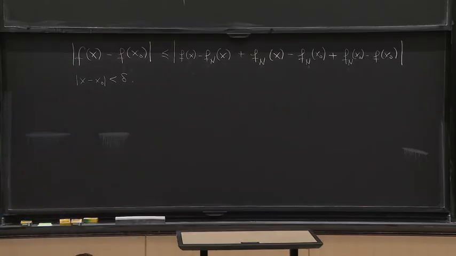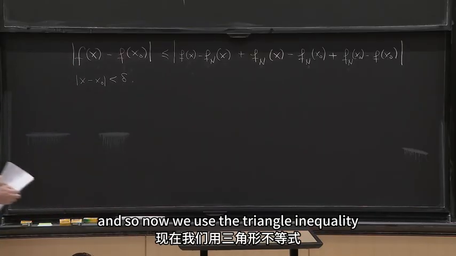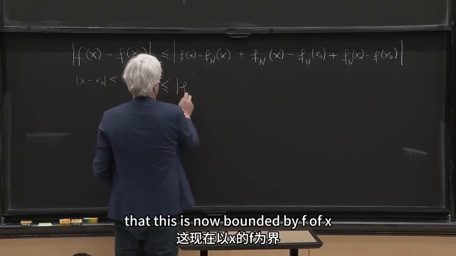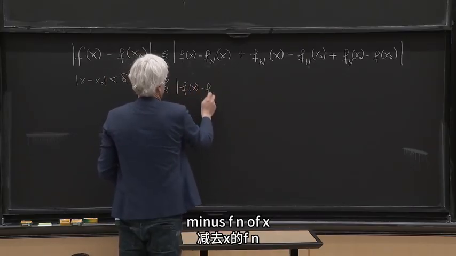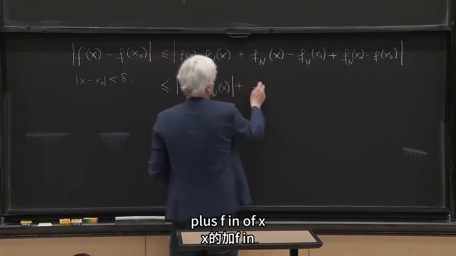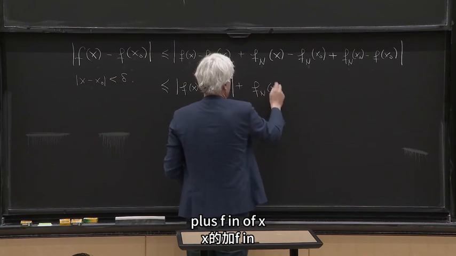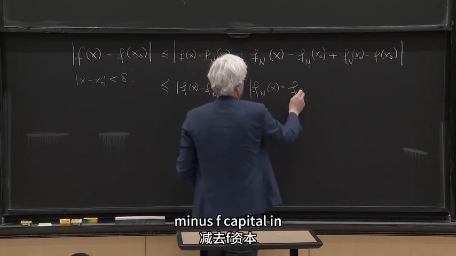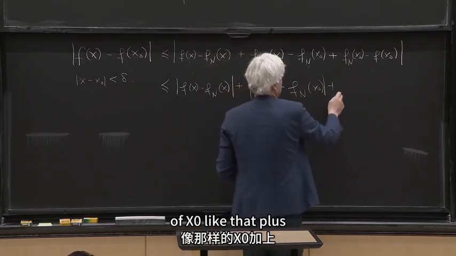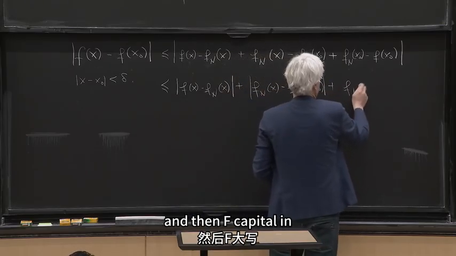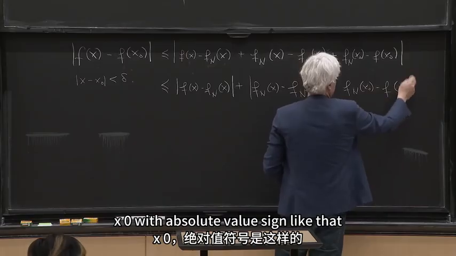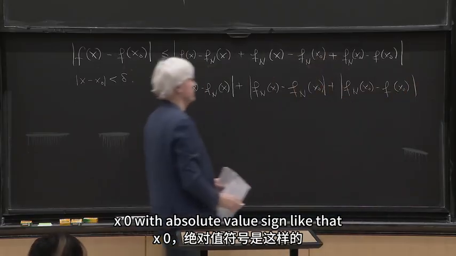And now we use the triangle inequality, so this is bounded by |f of x minus fn of x| plus |fn of x minus f capital N of x0| plus |f capital N of x0 minus f of x0|.